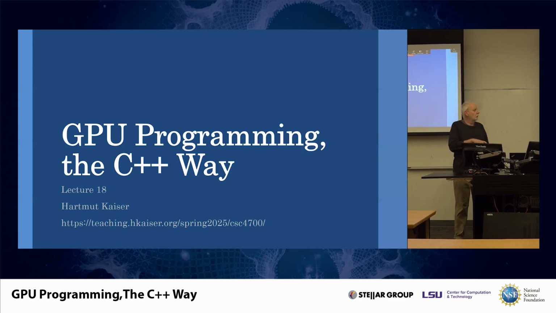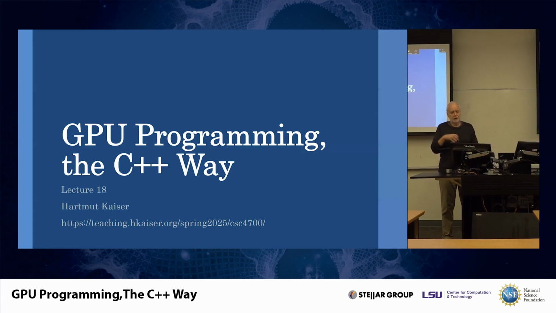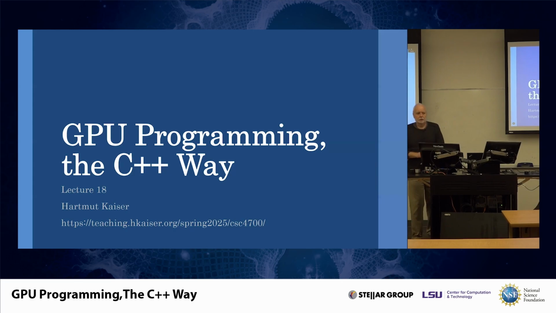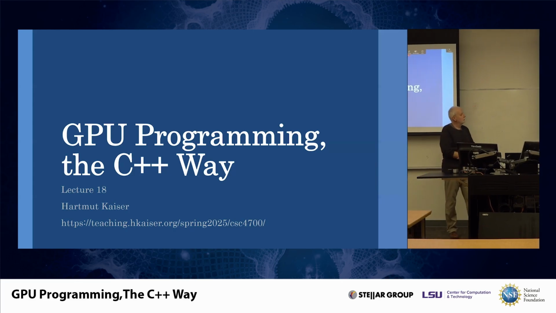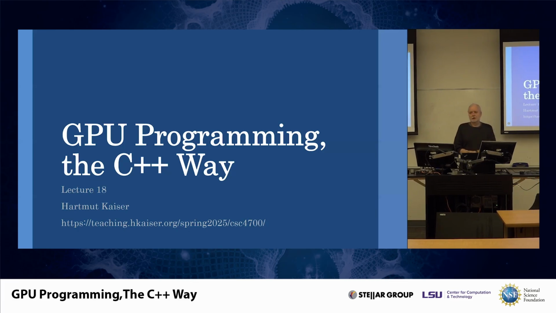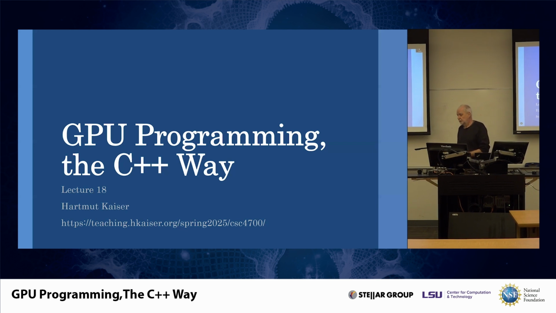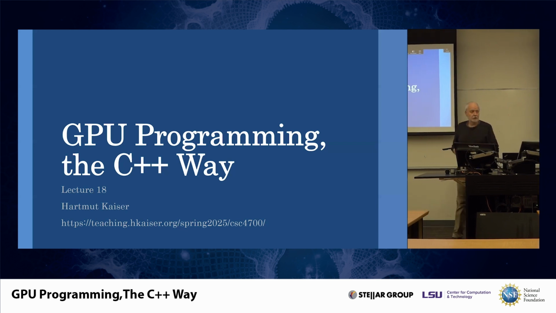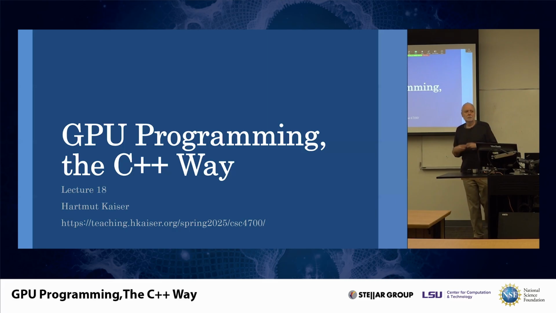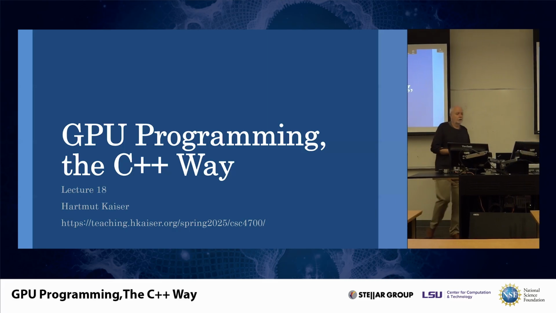And what I want to do today is to introduce you to a set of tools we have available on the C++ side of things that help us to manage and to cross that bridge between the CPU and the GPU, possibly with one single C++ code base that can be compiled either on the CPU or on the GPU without modification.